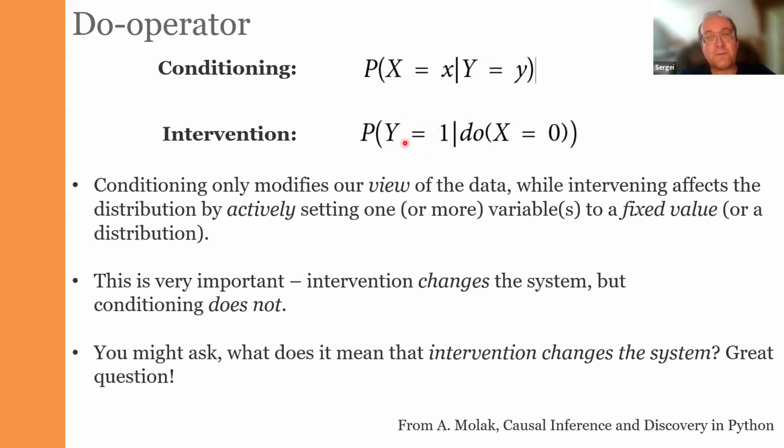So a physical experiment is an intervention. Analysis of data sometimes allows us to predict what the intervention would do, but most of the time does not. So the purpose of causal discovery is: can we predict the effect of the interventions if we have access to the data only?